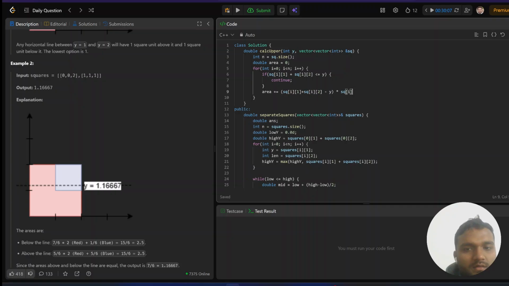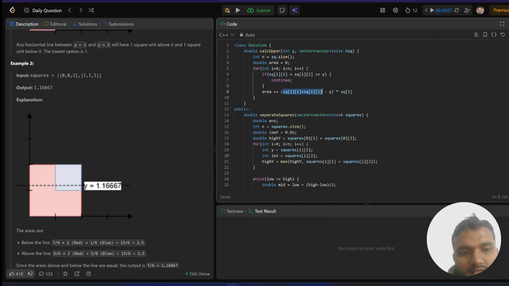Length, are you sure? I think so. What is this? This is our y coordinate below y coordinate plus the length. That is this whole area.